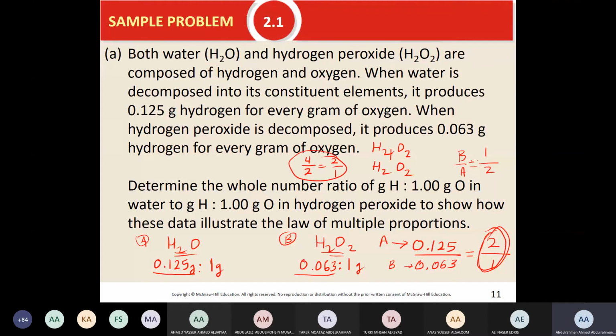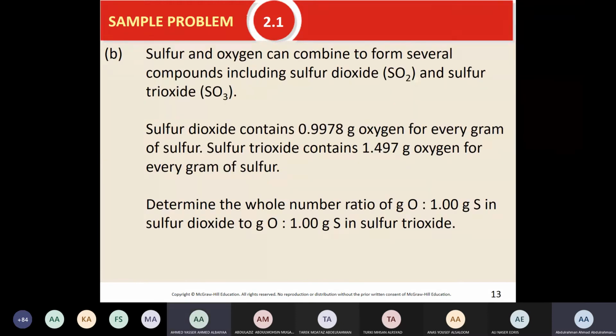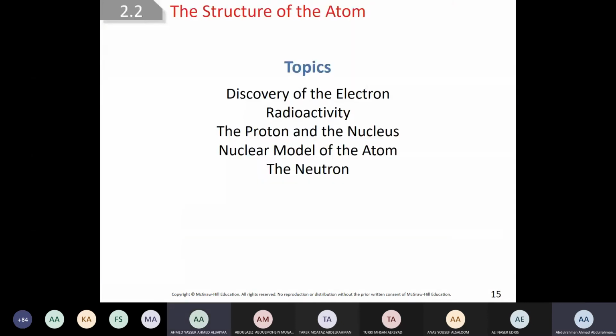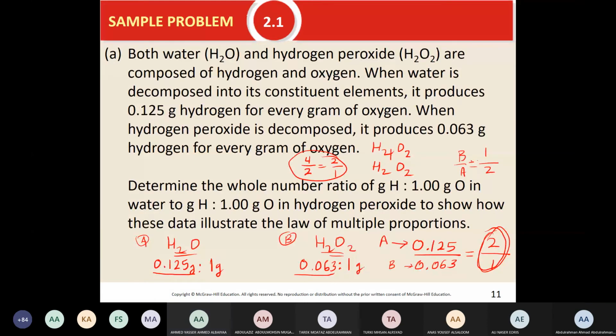Is this clear? I hope so. Doctor, why would we multiply? It's the same number, 2 and 2. No, it was 1 to 2. It was H2O only. We're talking about hydrogen. The base is oxygen.